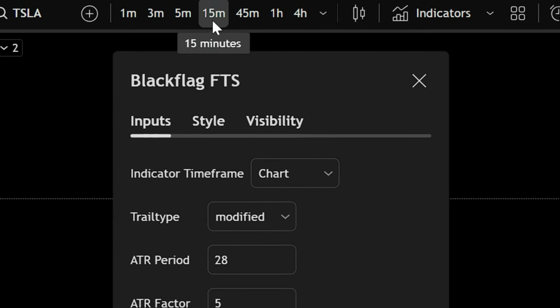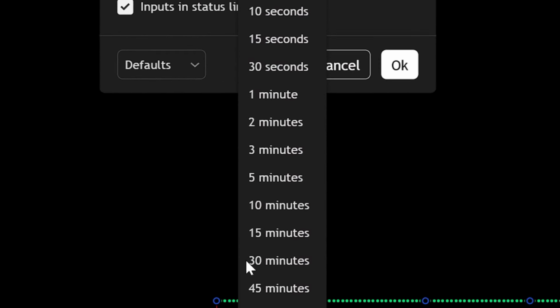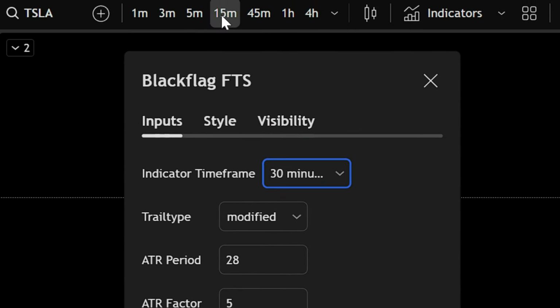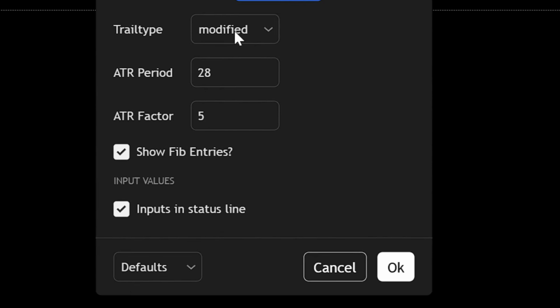For the Tesla 15-minute example, set it to 30 minutes. Then adjust the ATR period and ATR factor to 10 each. That fine-tunes its sensitivity.